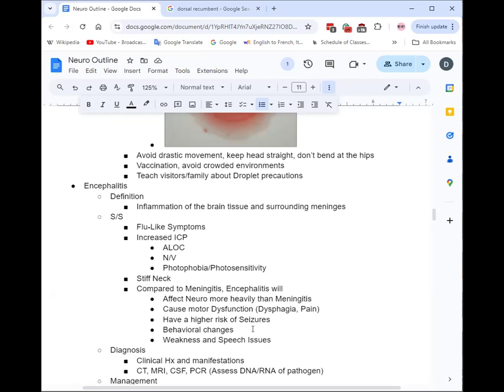Some of the differences, because they're pretty similar in terms of signs and symptoms, you can still have a stiff neck, but in meningitis, your nuchal rigidity is more pronounced.